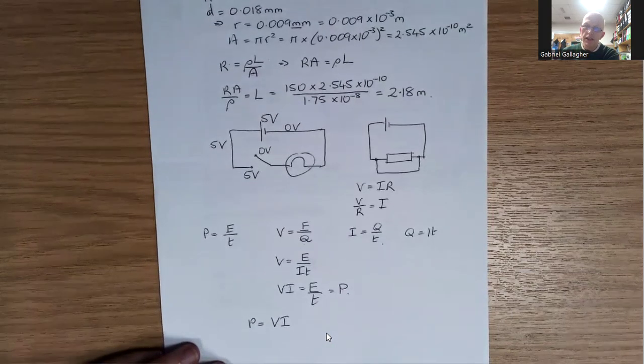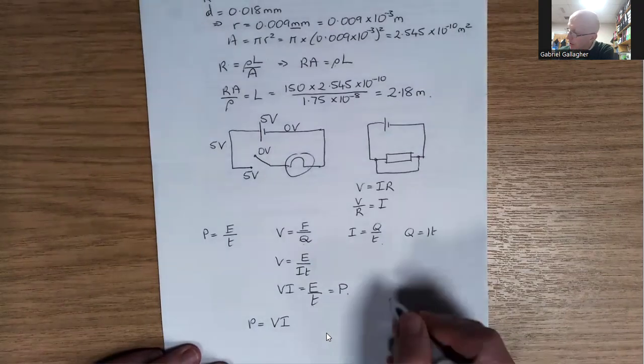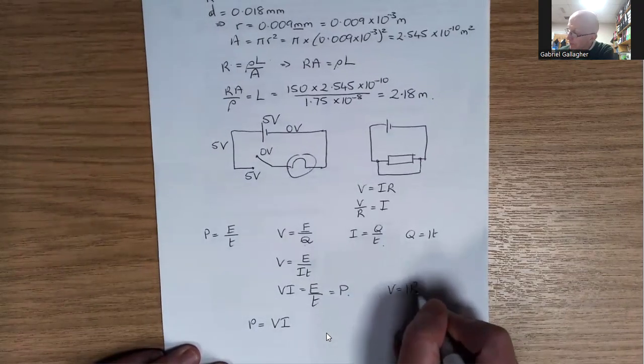This is the last new equation I'm going to give you, well, one more to give you yet, but P equals VI is very, very important. There are a number of ways of writing the same equation because V equals IR.